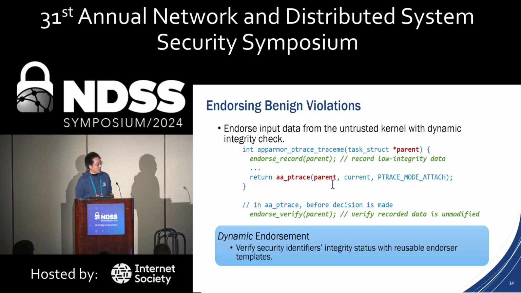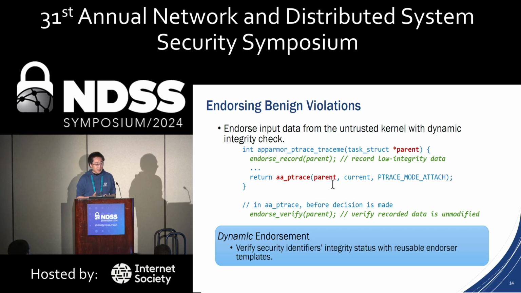Next, we go over the second layer of the endorsement, that is dynamically endorsing the untrusted input data from the potentially malicious kernel with integrity check. To make sure there's no tampering of kernel-managed input, we insert two endorsement functions, in green there, into the process.